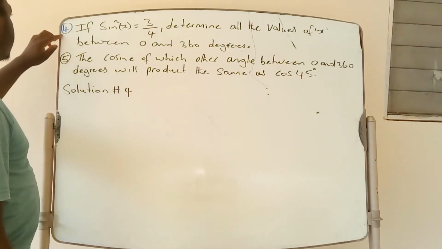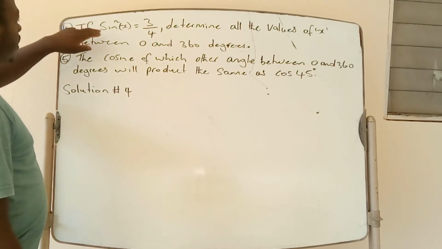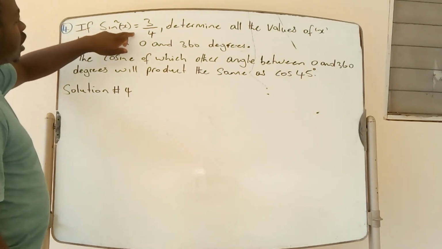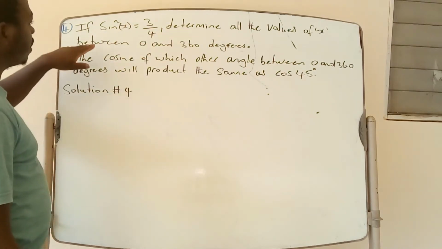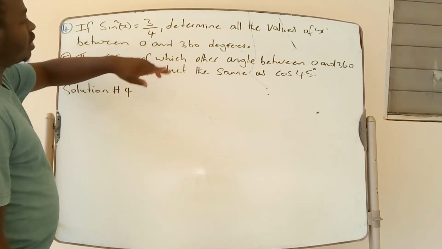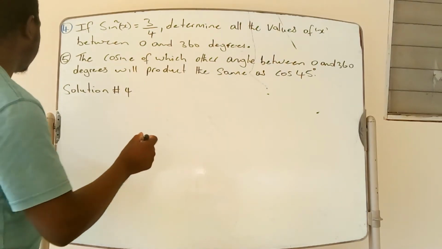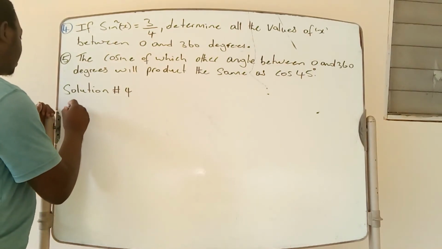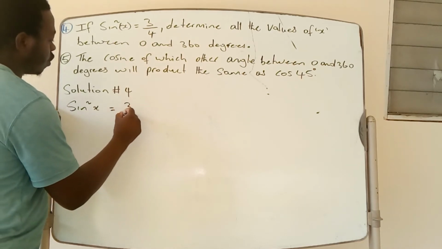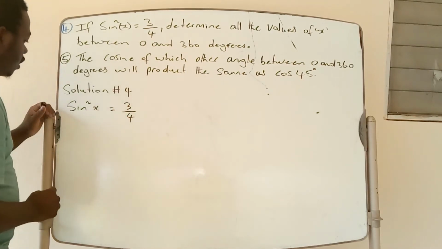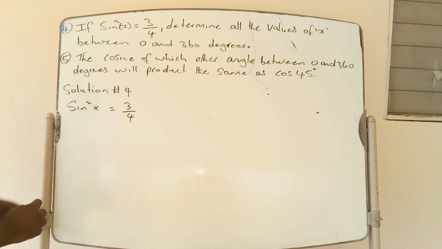Question number 4. If sine squared x equals 3 over 4, determine all the values of x between 0 and 360 degrees. So we know that sine squared of x is equal to 3 over 4. So to get sine x by itself, we can take the square root of both sides.